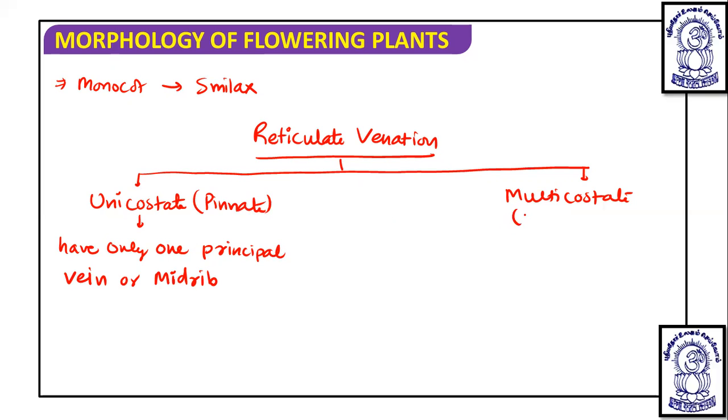But multicostate is also known as palmate venation, and in multicostate there are many principal veins arising from the tip of the petiole.